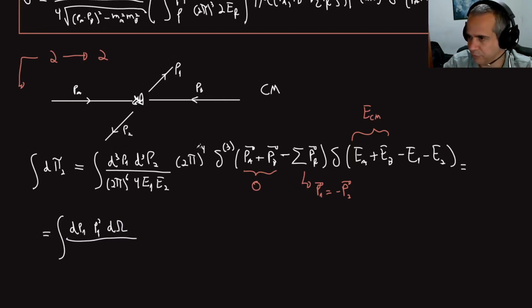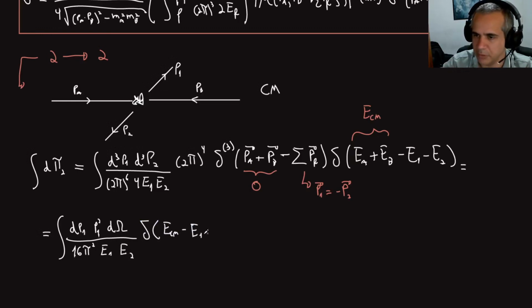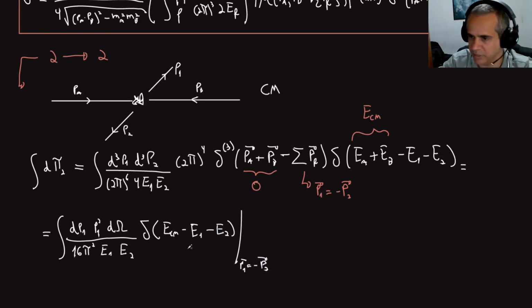There's a bunch of factors of 2 pi here. If you do it properly, we have a 16 pi squared now, E1, E2, and this delta, which now is just delta of center of mass energy minus E1 minus E2. And of course, in these energies, I have to remember that P1 is equal to minus P2 when I'm calculating the energy, because that was imposed by this other delta.